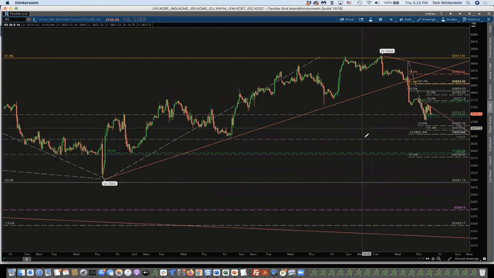I've got these zones for support and resistance, and I've got these fibs. If the market wants to keep tanking tomorrow, that's a potential long. I've got good support coming off of there. If the market wants to retrace, 38.63 might be an area to try. Again, there's no guarantees, but those are my levels of interest in both directions.